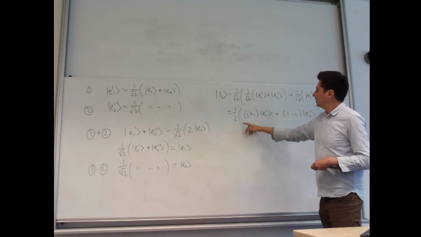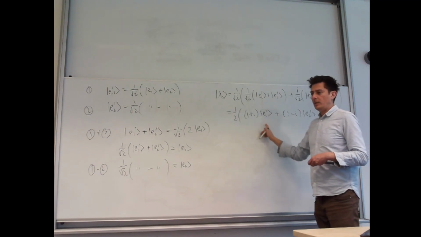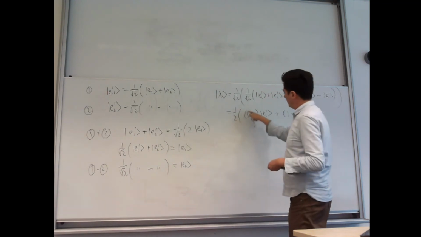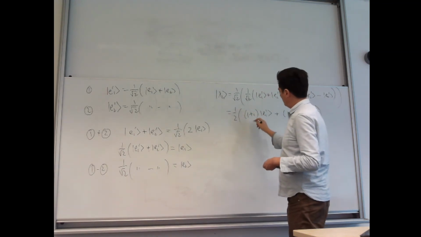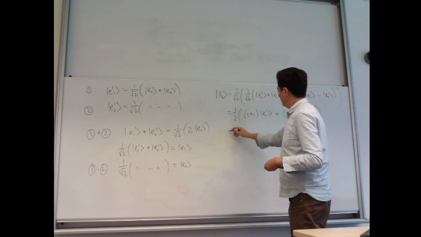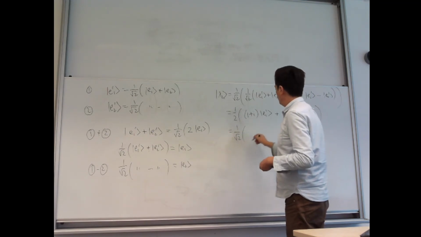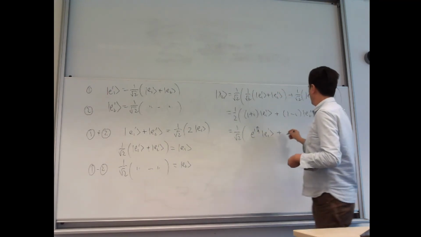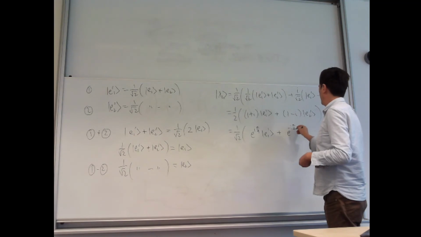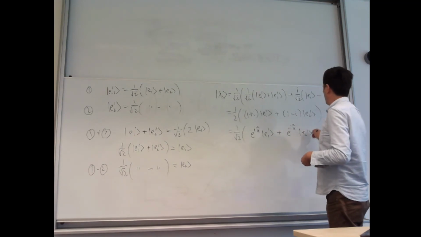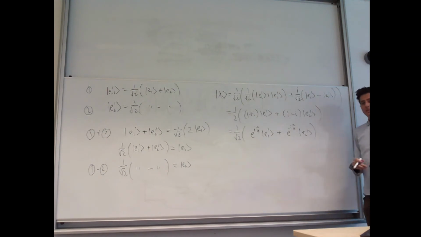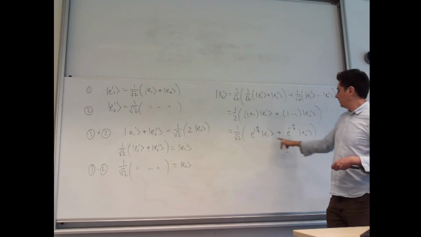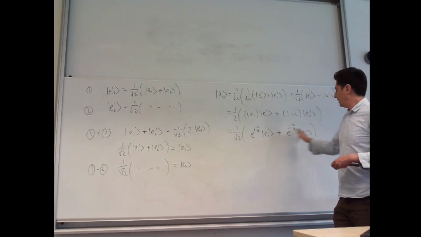And this is still normalized because this 1 plus i, another way to write it is e to the i pi over 4. You don't have to do this last step, but it makes it more obvious that the state is normalized, because we've got the 1 over root 2 here, base vectors, and then these states.